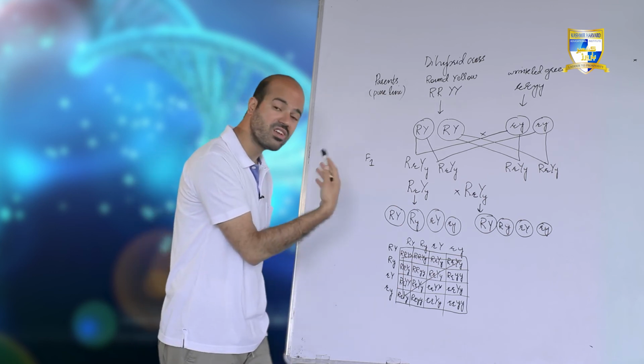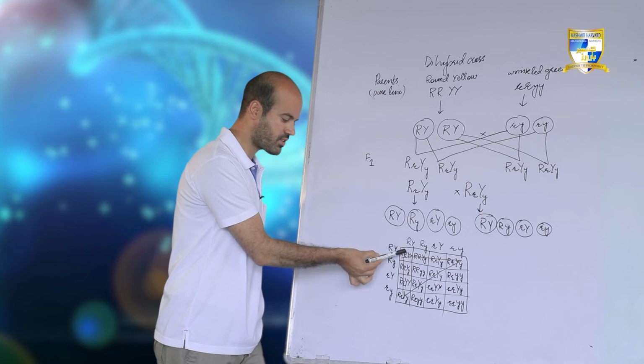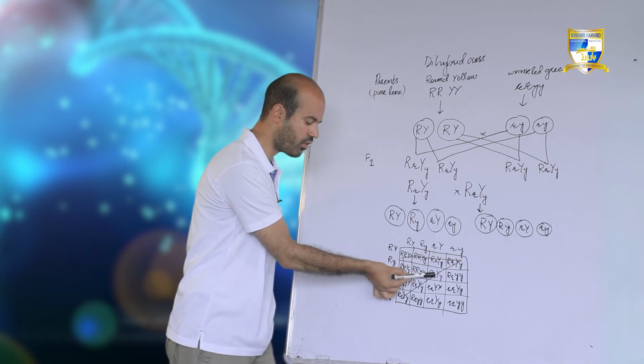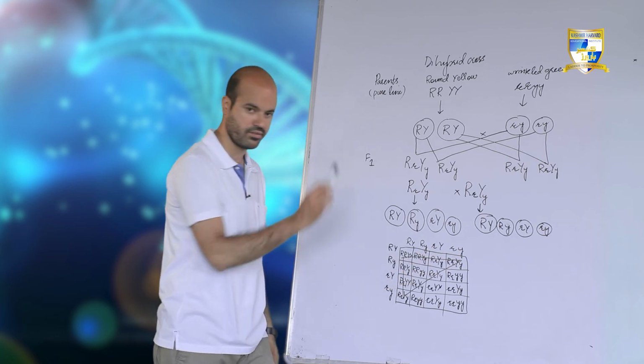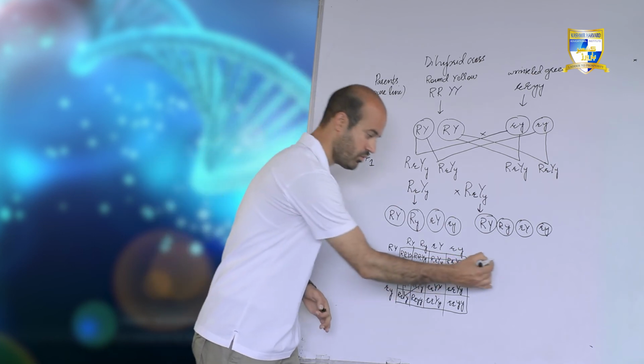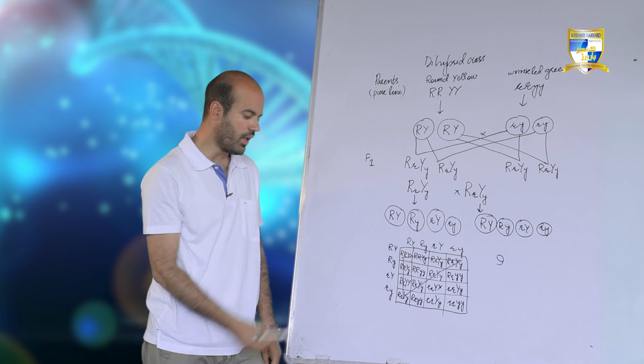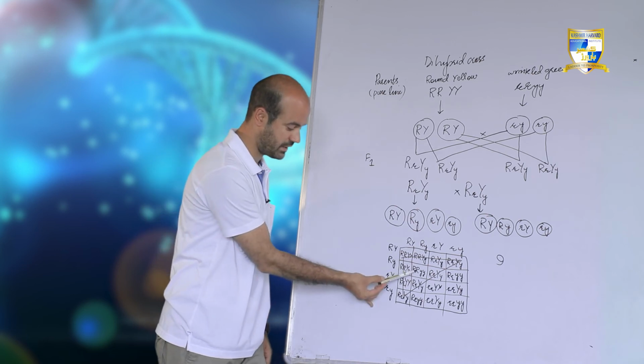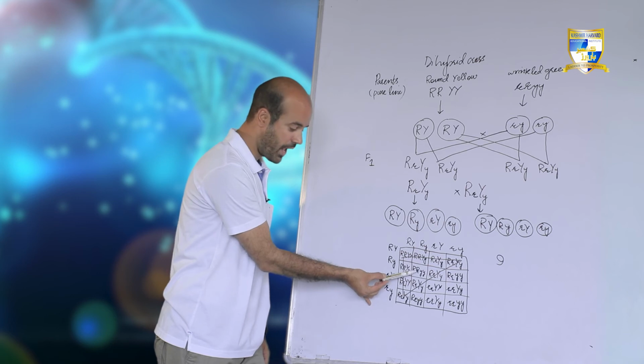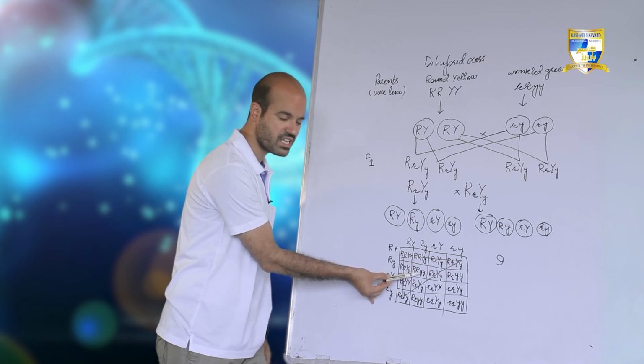And if we simply count, it's 1, 2, 3, 4, 5, 6, 7, 8, 9. We have 9 first. Then if you see this type of plants, it will possess round shape and color will be green. Round and green seeds.